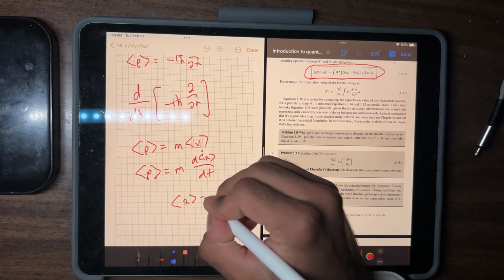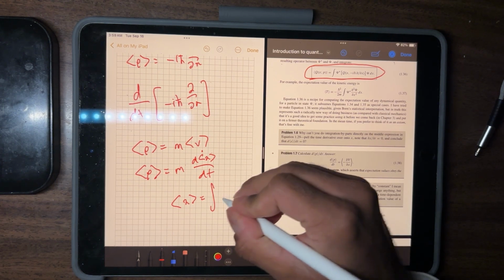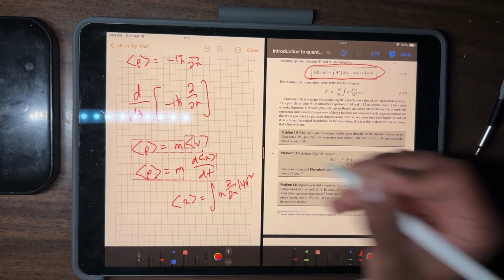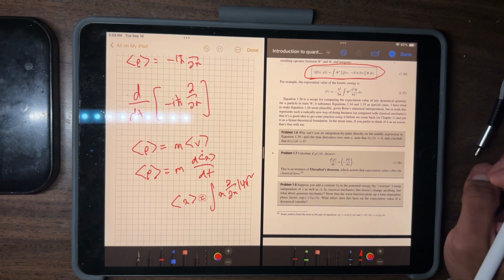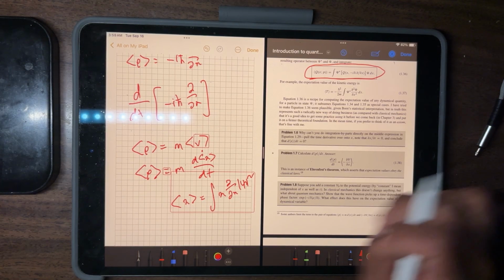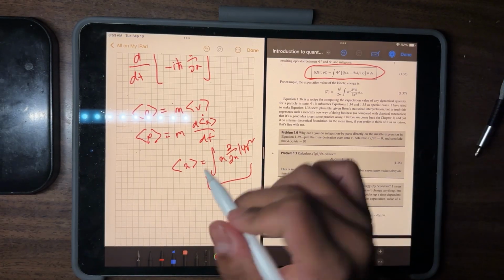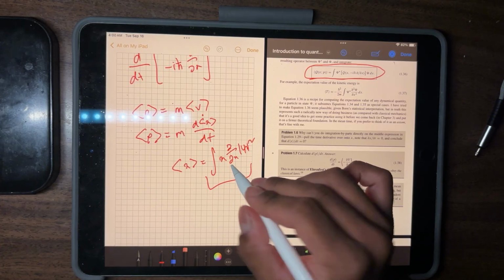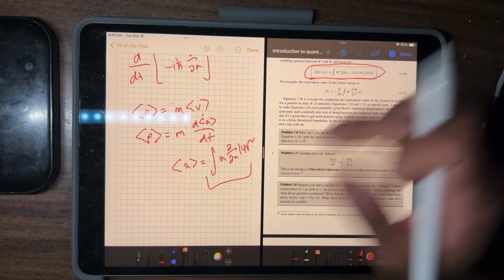And expectation value of x is simply x curl by psi square. Then I'll simply have m times this section here. Actually, not this section, but the other one, which is, no, it's this only. Now, how does this correlate to velocity?